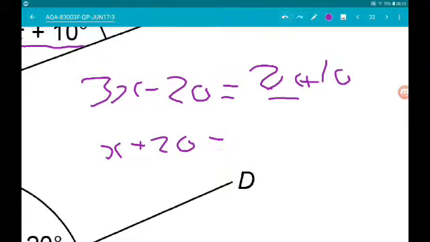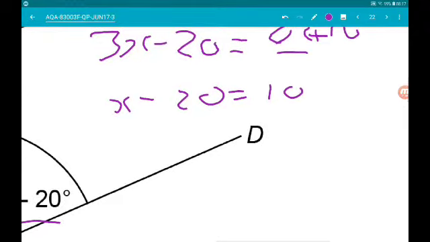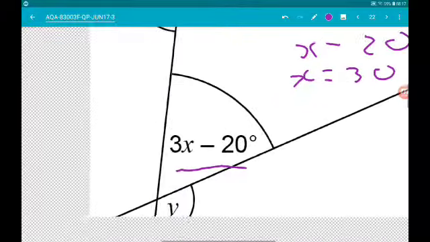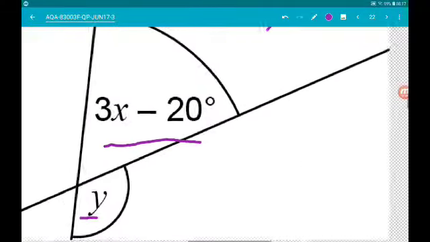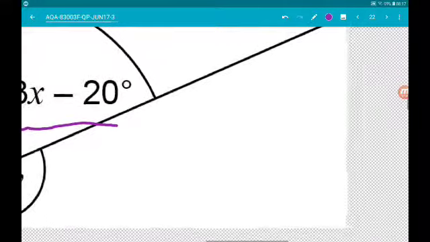Sorry, x minus 20 is 10. Add the 20, x is equal to 30. So now that we know what x is, we can actually work out 3x minus 20.